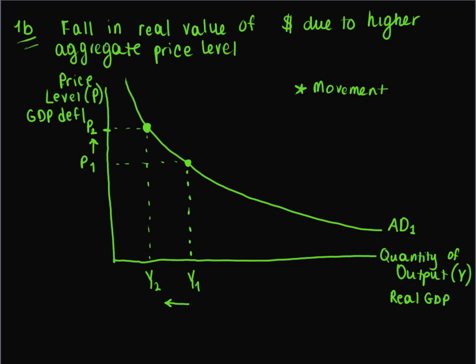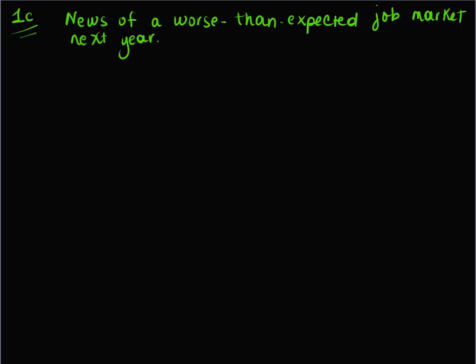In part C, the problem asks you to consider the change of news of a worse than expected job market next year. Okay, so before I even start to consider the dynamics, I'm going to draw my aggregate demand and aggregate supply model.